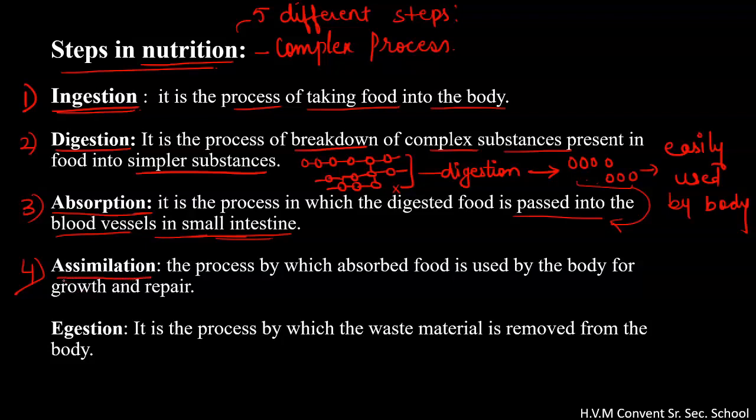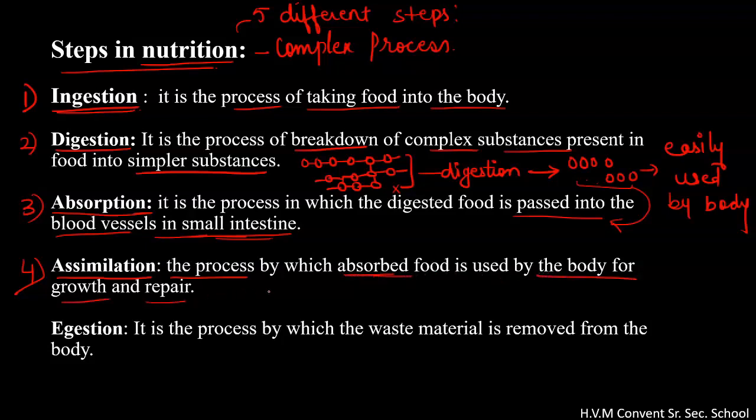Assimilation, what is assimilation? Firstly we had discussed the digested food, and now we will talk about the absorbed food that is being passed into the blood vessels. So it is the process by which absorbed food is used by our body for growth and repair.